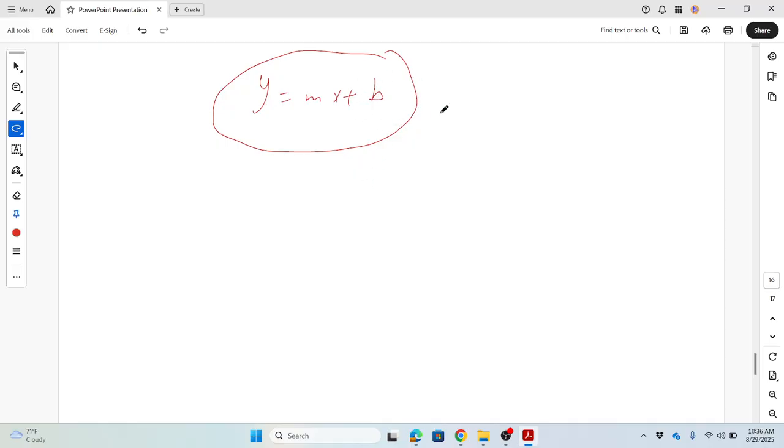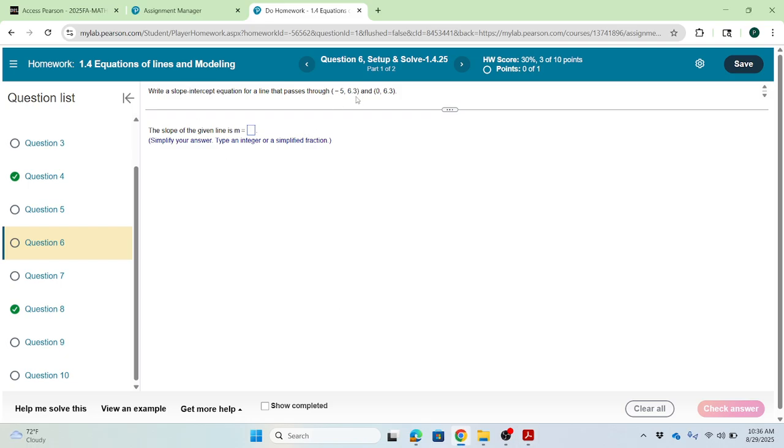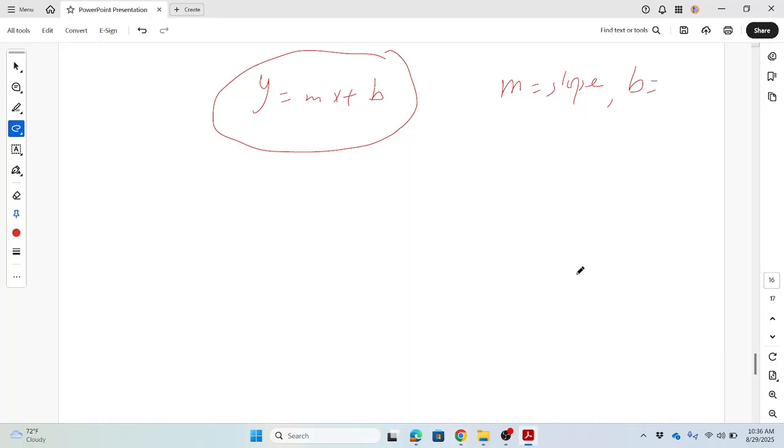To use this form, you need the slope and you need the y coordinate of the y-intercept. In this question, you are given 2 points. You do have the y-intercept given, because if x is 0, then this is the y-intercept. So the only problem is we need to find the slope here.